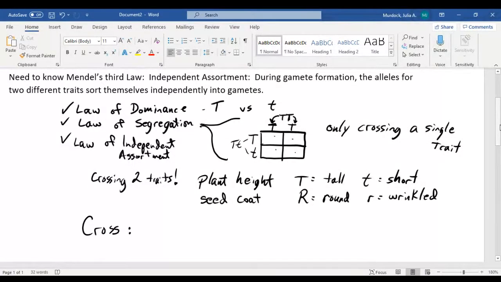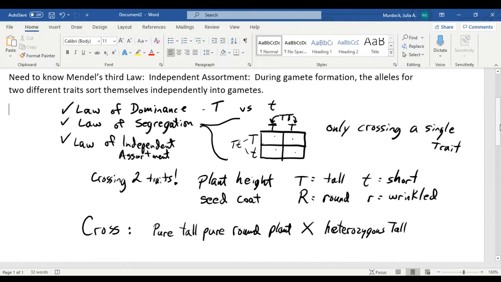Let's say you cross a pure tall and pure round plant with a hybrid, a heterozygous tall and heterozygous round plant.